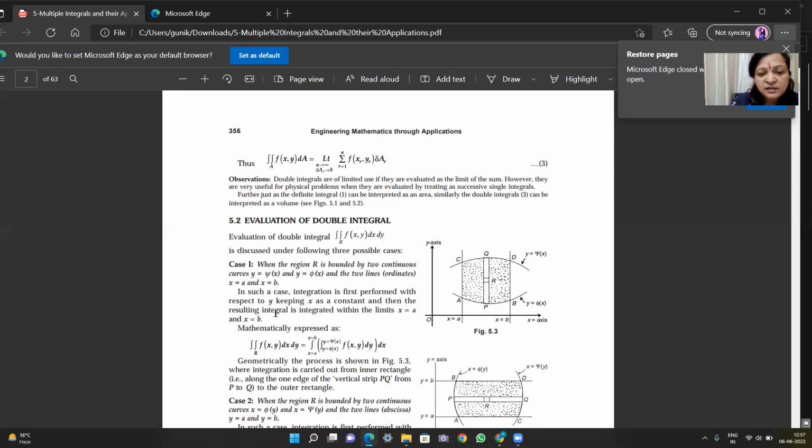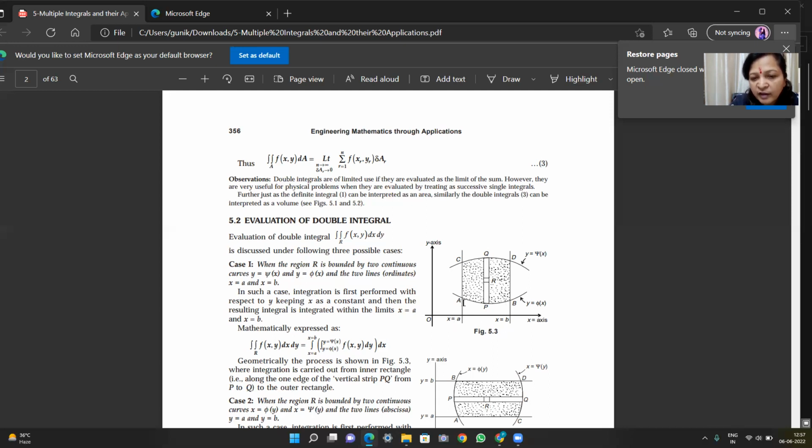So in this type of case, the integration is first performed with respect to y, keeping x as constant, and then the resulting integral is integrated within the limits x equal to a and x equal to b. And in this case, we have these two curves, y equal to phi(x) and y equal to psi(x), and we have to integrate in between x equal to a and x equal to b.